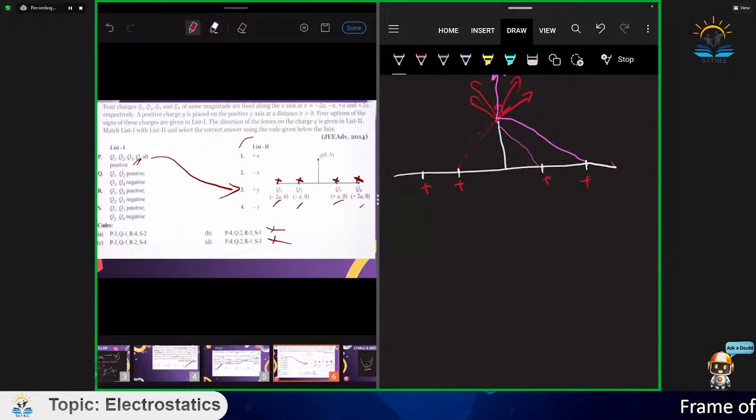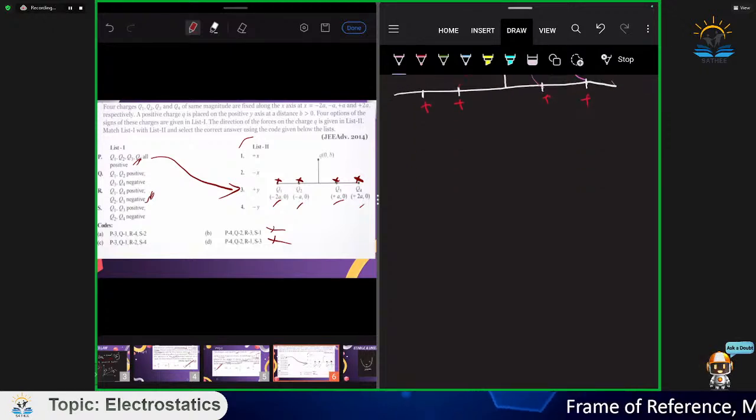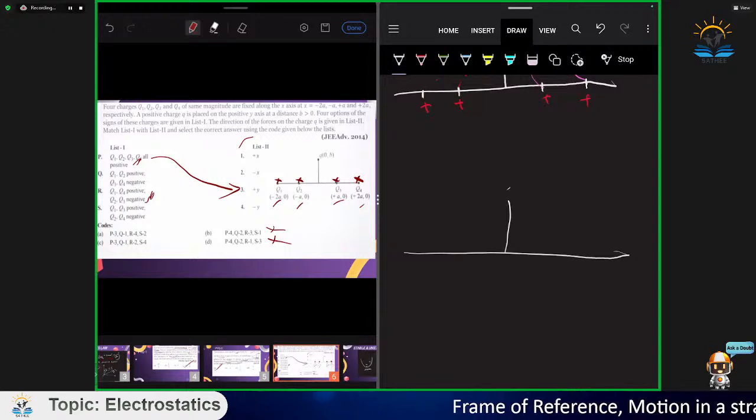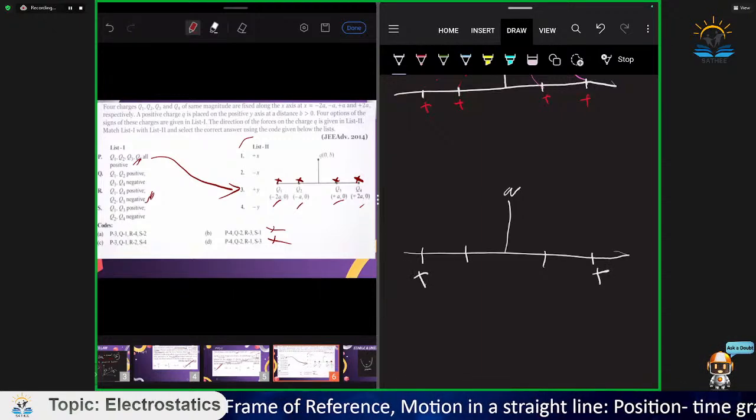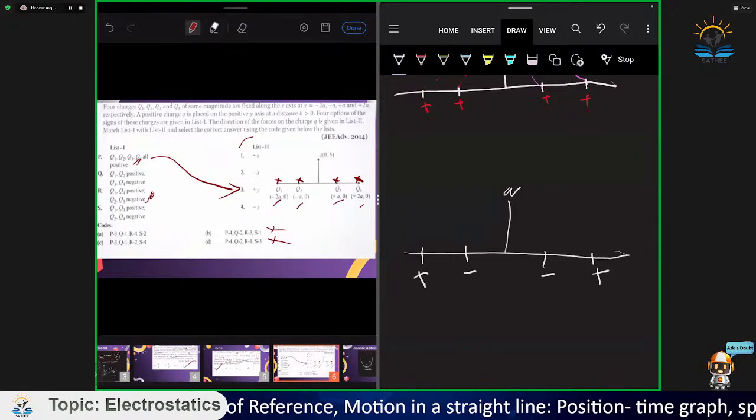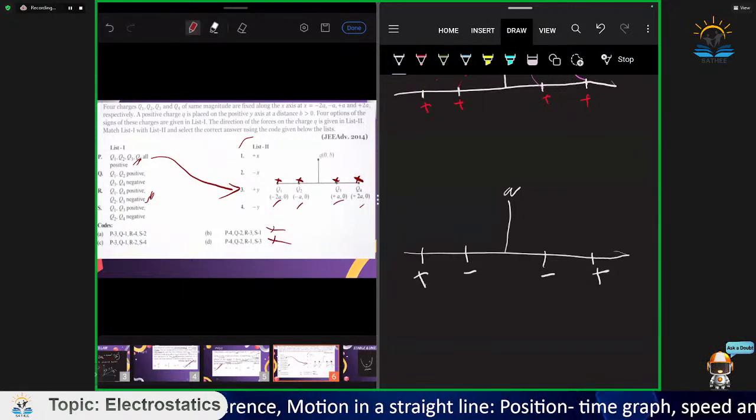Q is given in common. So we are taking R: Q1, Q4 positive, Q2, Q3 negative.